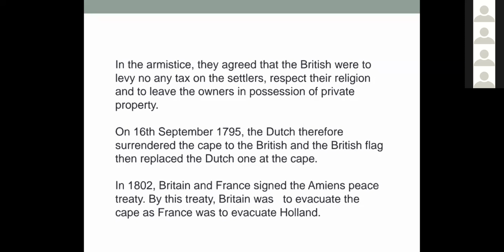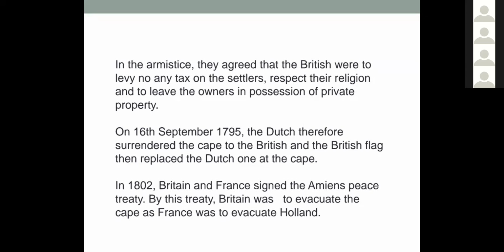The word treaty is the same as agreement. This agreement, like any other agreement, had many terms, but for our interests, Britain was to leave the Cape, and France was also to evacuate Holland.